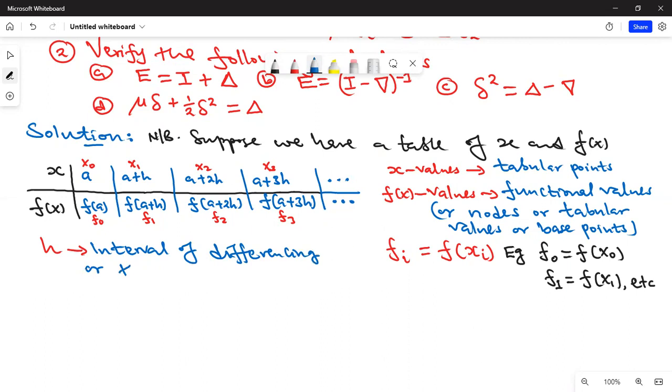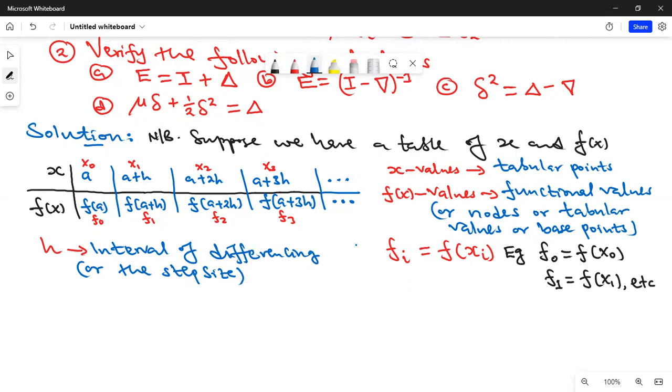Or the step size. So these are basic concepts involved in finite differences. So just like I have explained that the x values are tabular points and the f of x values are functional values.